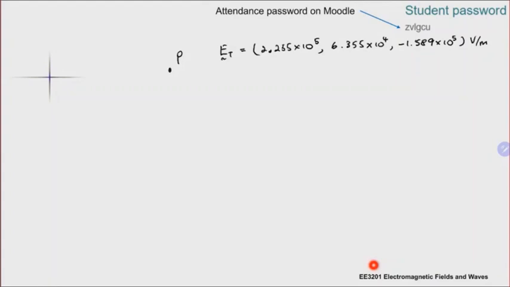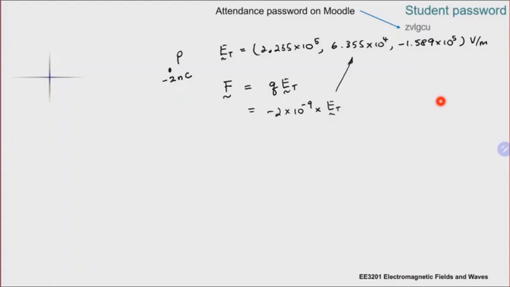So if we put a charge at this point as -2 nanocoulombs, the force will be Q times the electric field. This will be -2 times 10 to the minus 9 times ET, which is the total electric field, which is this here.